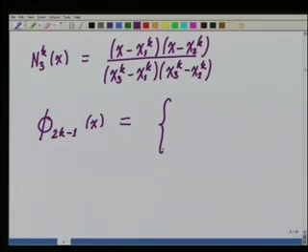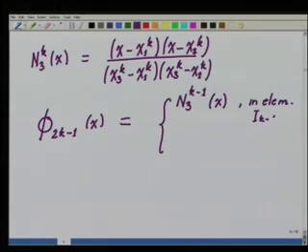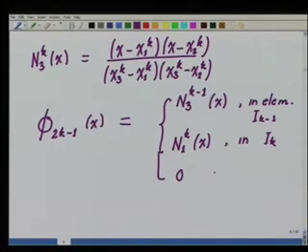So, this will be equal to n3 in the element k minus 1, for n1 in element k, and it will be 0 everywhere else.